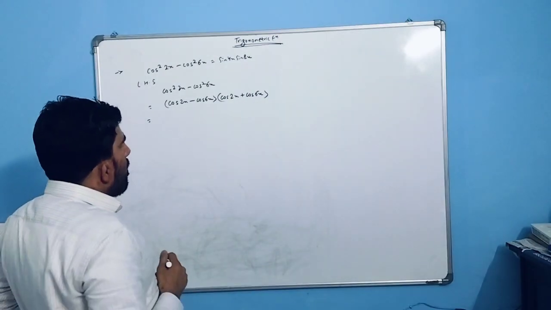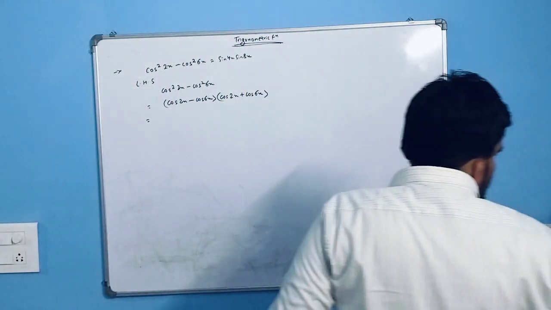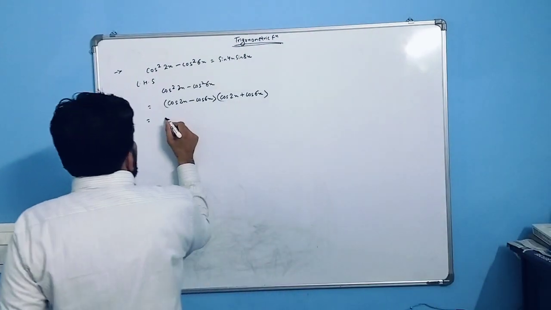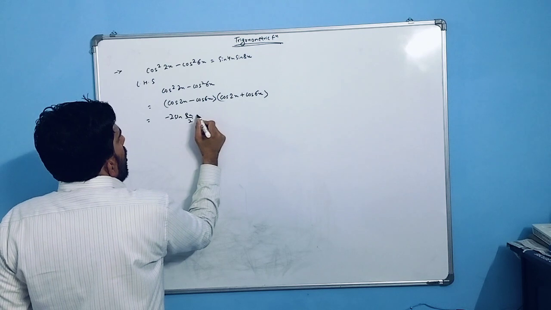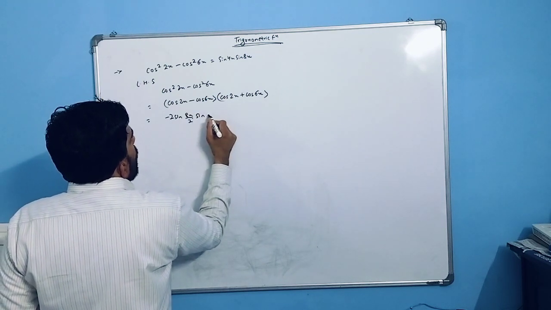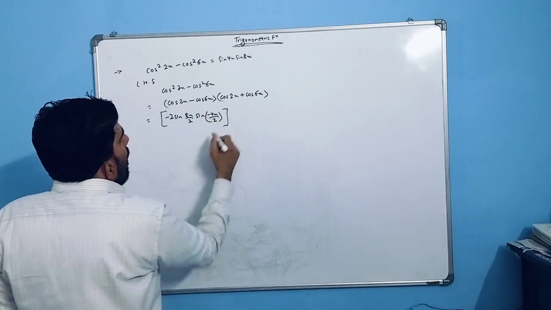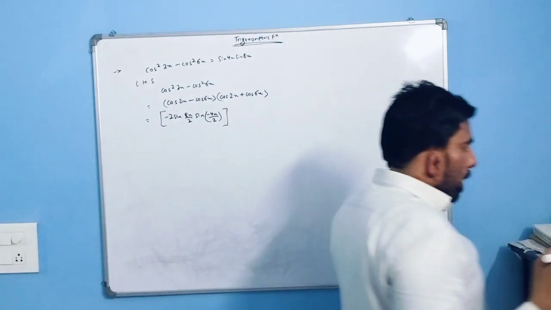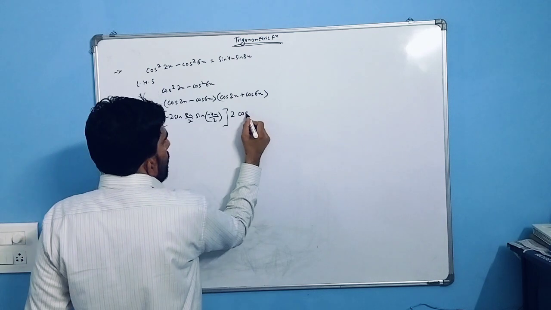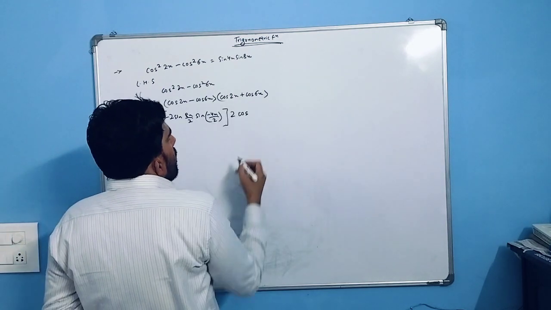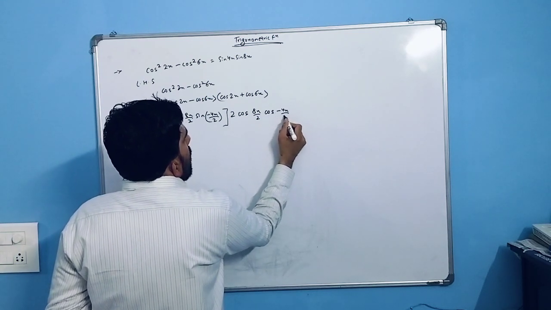Now we'll apply the formula for that. For the identity we have cos x minus cos y is equal to minus 2 sine x plus y by 2 sine x minus y by 2, and here we will apply the formula for cos x plus cos y. We will have 2 cos x plus y by 2 and cos x minus y by 2. Okay.